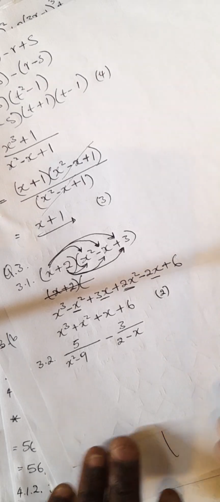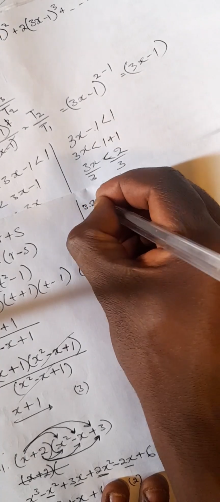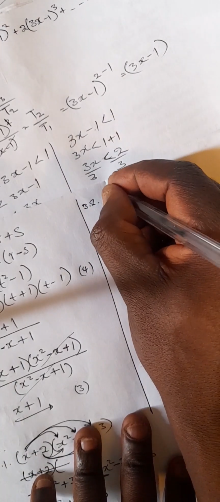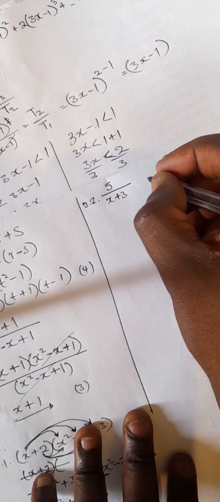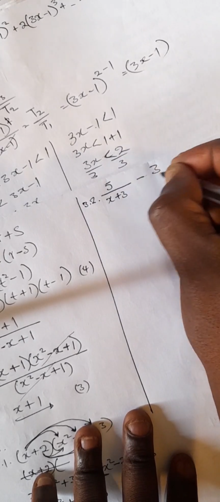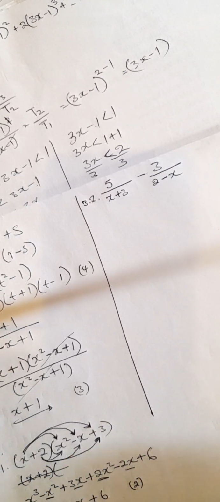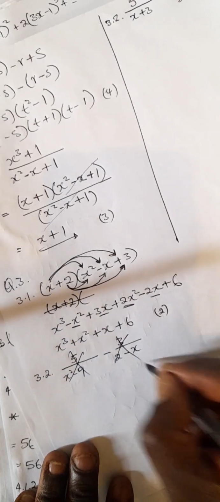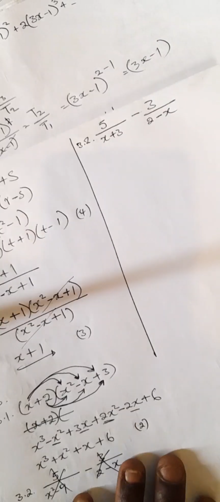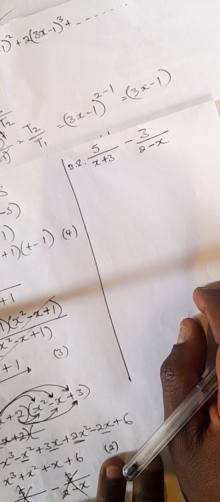No, I made a mistake. 3.2. This is the question: 5 over x plus 3 minus 3 over 2 minus x. Yeah, this is the question. Okay, simplify fully.